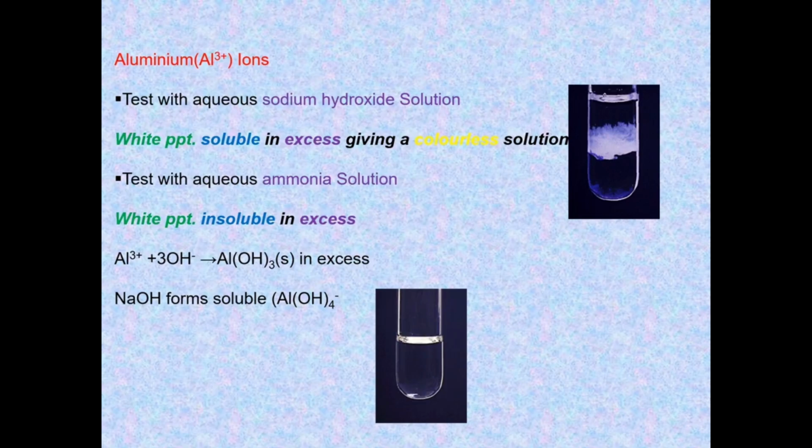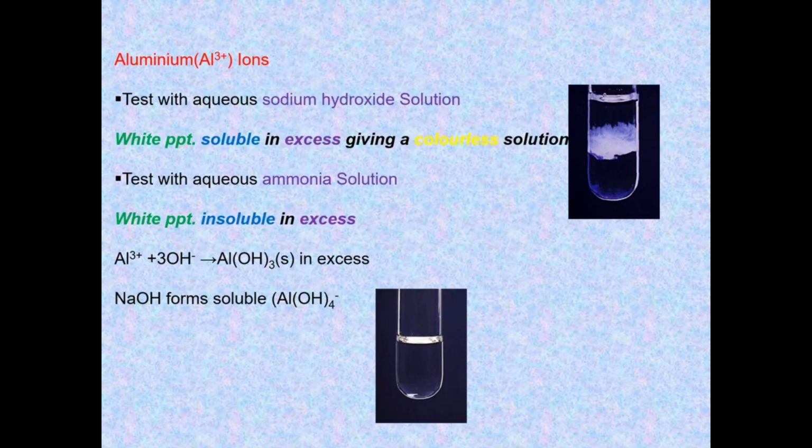The reason behind it is that aluminium is amphoteric. So if you add it in excess, it acts as an acid. Therefore it reacts and gives you a soluble solution, a complex ion of hydroxide.